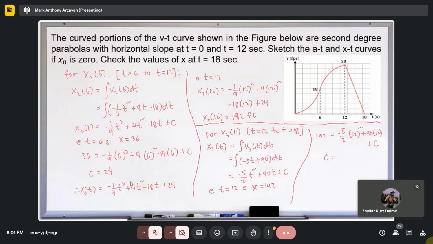You can use shift solve: 192, alpha equals, negative 5 halves times 12 squared, then plus 90 times 12, then plus alpha x. Shift solve. The value of c is negative 5, sorry.